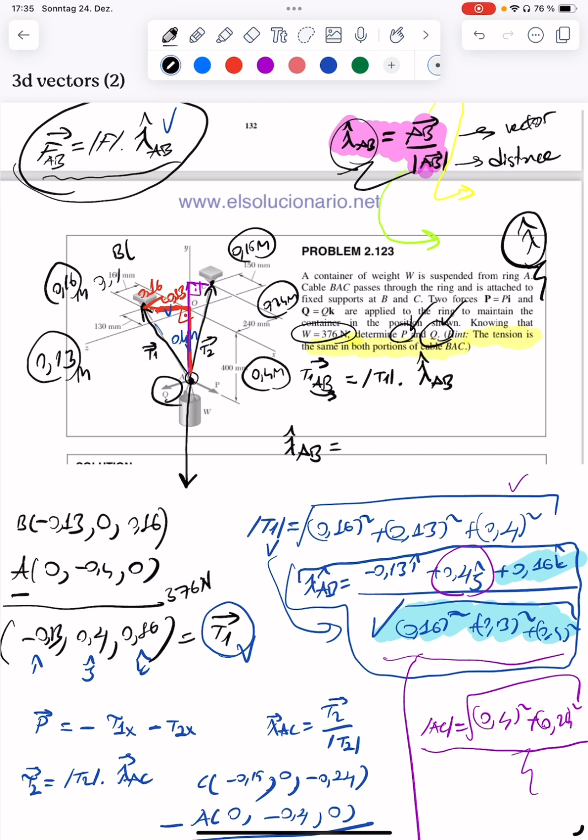We can find lambda hat, determine it, and write it in the equations.